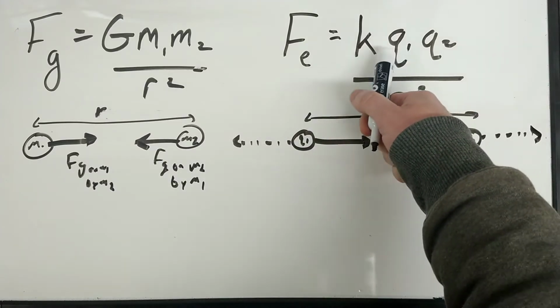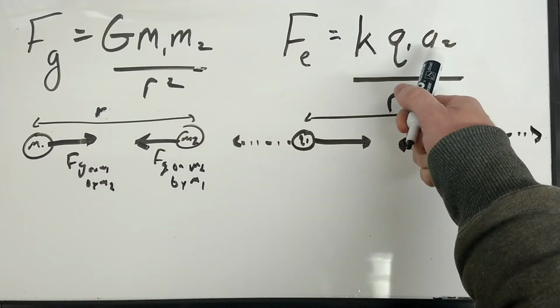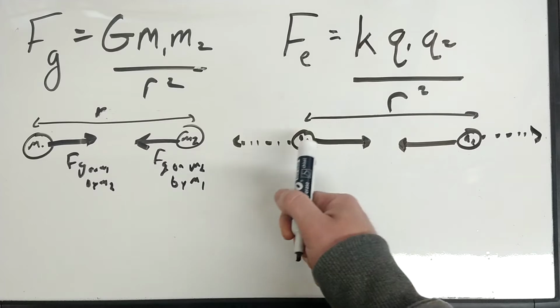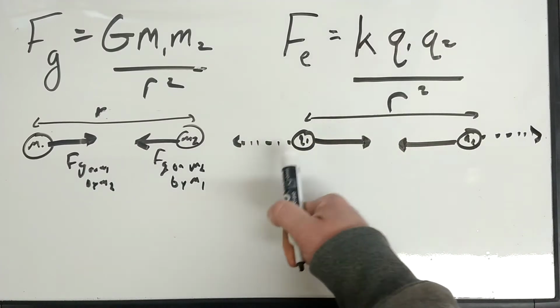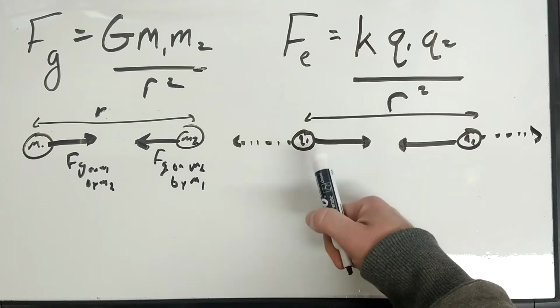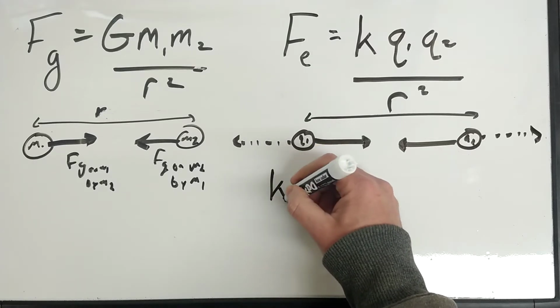We simply put in the magnitude of the charge, and then based on whether it's positive and positive, negative and negative, or negative and positive, we decide whether it's attractive or repulsive.